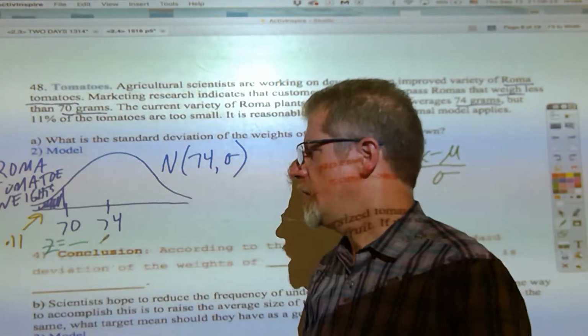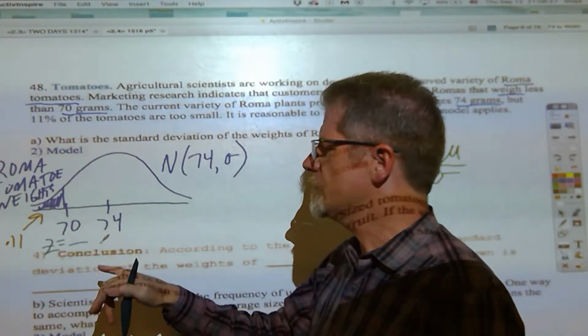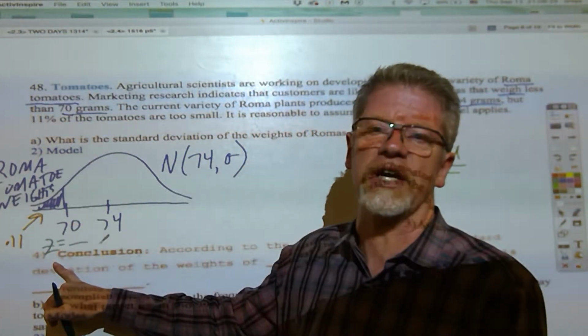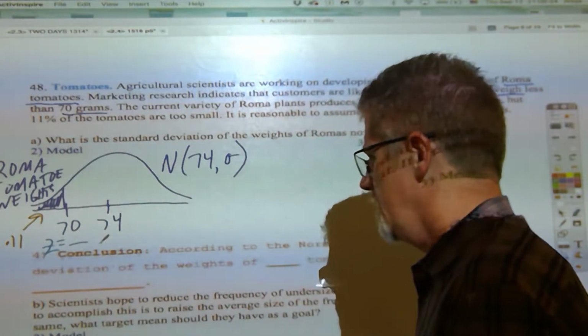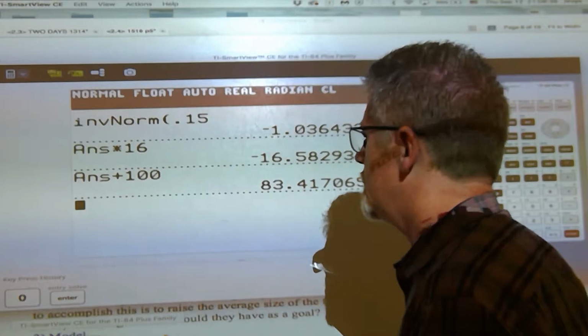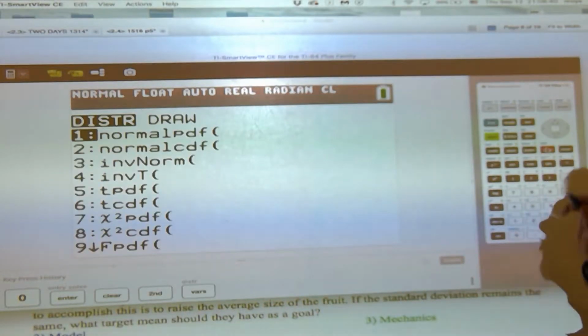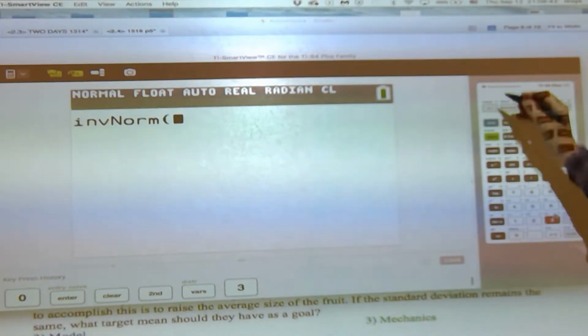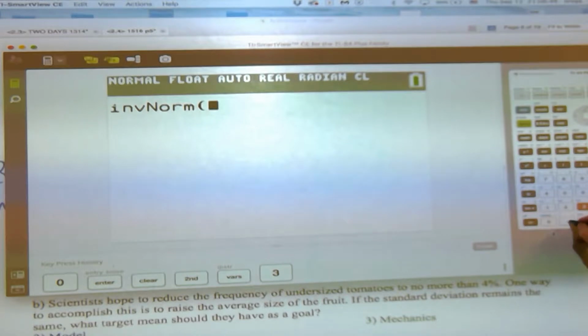Think about what number goes into inverse normal to find the z-score that corresponds to the cutoff value of 70 grams. And left area. I hope that your conclusion is that the left area for the cutoff at 70 grams is 0.11.